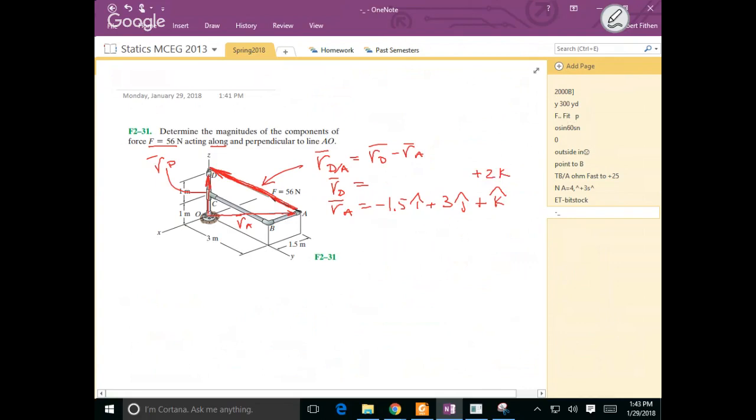I'm lining it up. Now I'm going to come down here and subtract this number, which is 0 plus 0j. So I'm subtracting this number from this number. So RD relative to A would be 1.5i minus 3j plus 1k. Is that right? Did I do that right? I think I did.